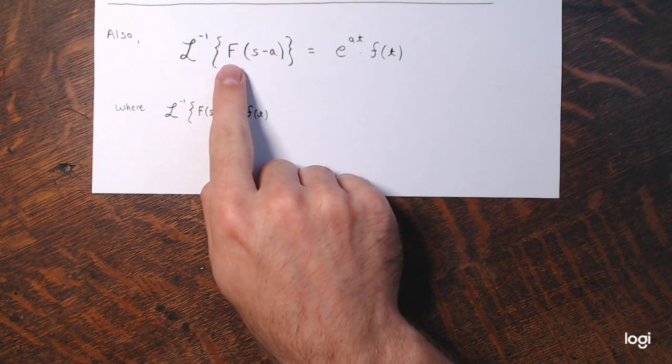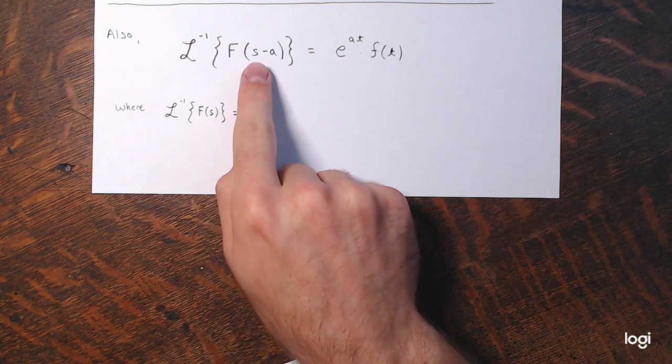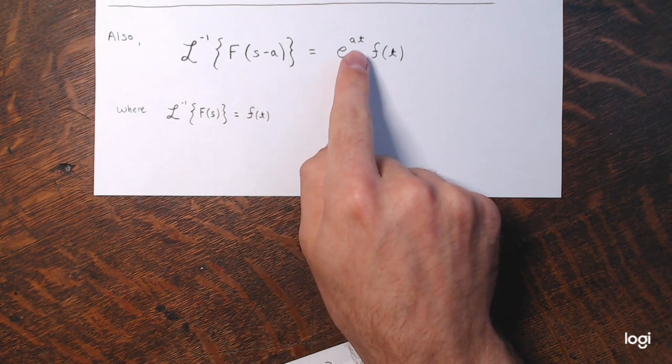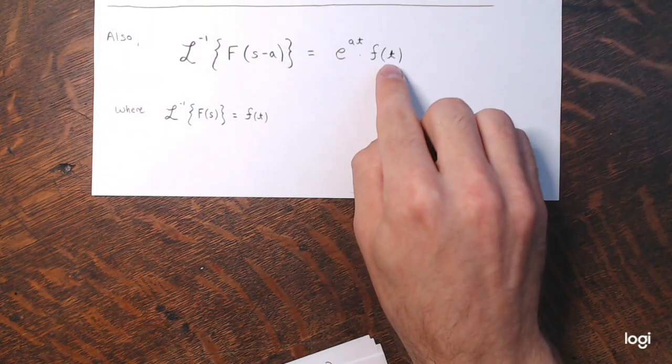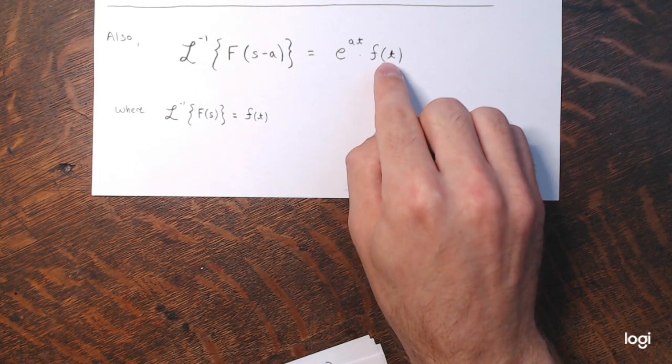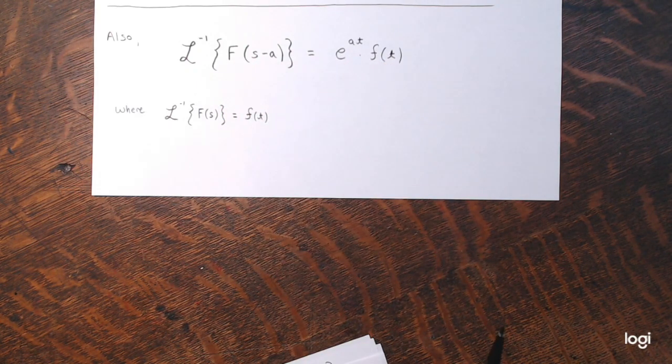That's the Laplace transform of little f, but instead of s, all the s's are replaced by s minus a, equals e to the at times f of t, right? Where again f of t is the function whose Laplace transform is capital F. All right, so let's take a look at some examples. I've got several.